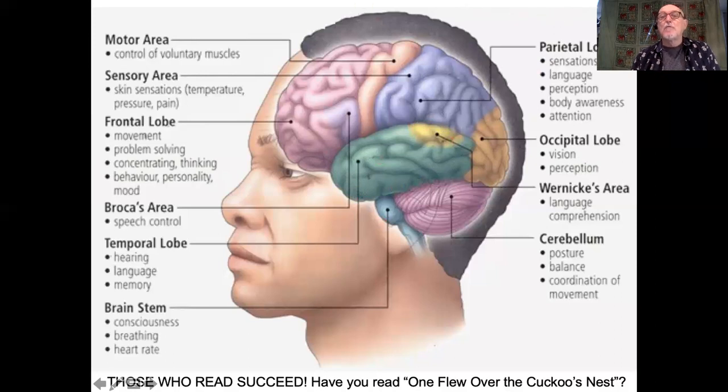The parietal lobe, this is where much of the information comes from the rest of the body to be analyzed for sensations and that sort of thing, but it's also involved with language. And this is also an area where all of our perceptions are organized.